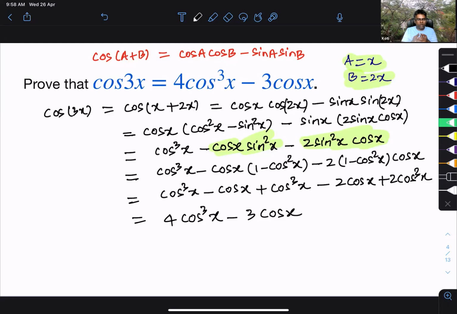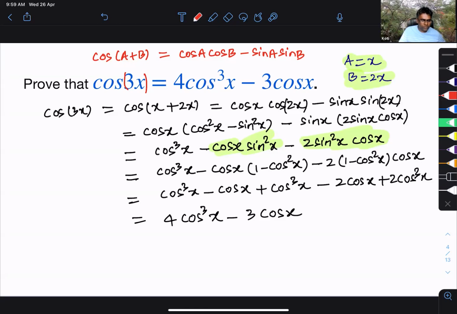Similarly here also, it is understood that this 3x is acting as an input. But as you have pointed out, it is always a good idea to include a bracket so that we know whatever is inside that bracket is the input to the cosine function. That's a good observation, Harsha.